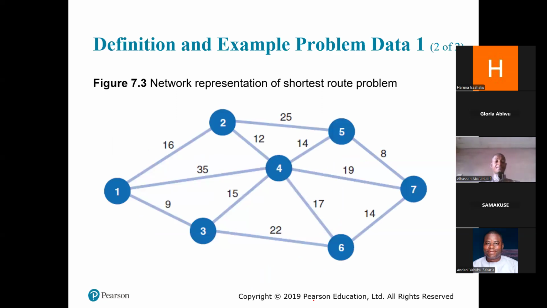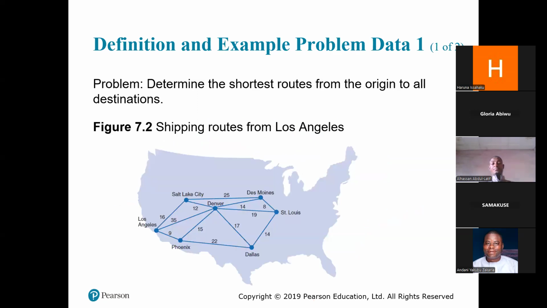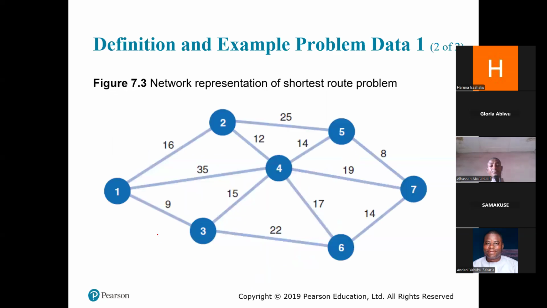So this is how we can represent the network. We have replaced the destination names with 1, 2, 3, 4, 5, 6, 7. The names Los Angeles, Des Moines, St. Louis, Dallas, and so on are represented by node numbers. Remember, we said the nodes are represented by circles, so we have 7 nodes.